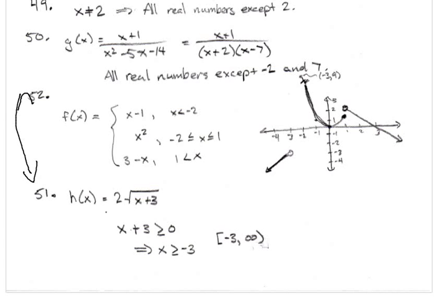So we need to figure out when x plus 3 is greater than or equal to 0, and that will be valid values of x, and that is whenever x is greater than or equal to negative 3. So our domain is all numbers which are greater than or equal to negative 3, starting off with negative 3 and all numbers greater than that.